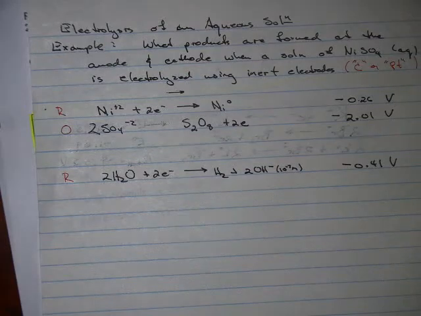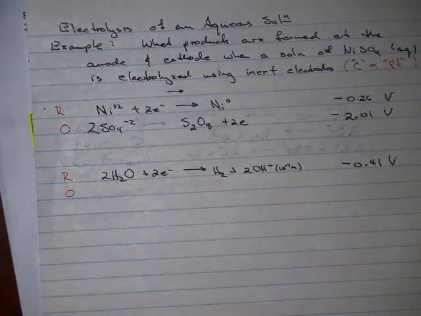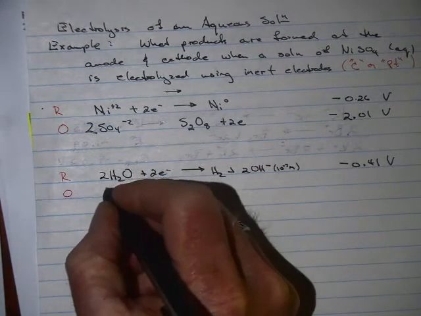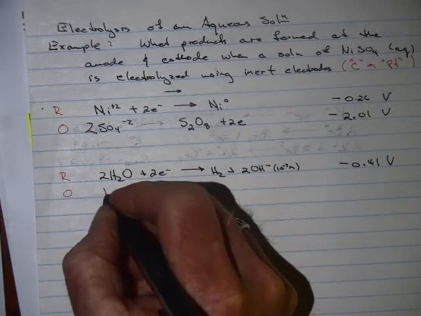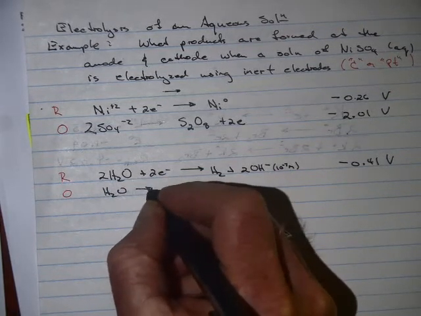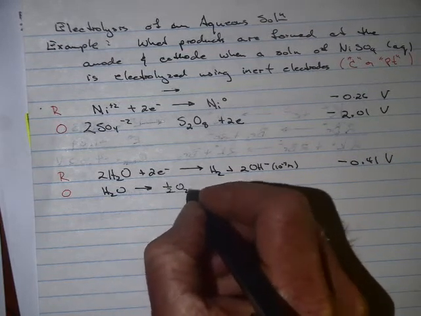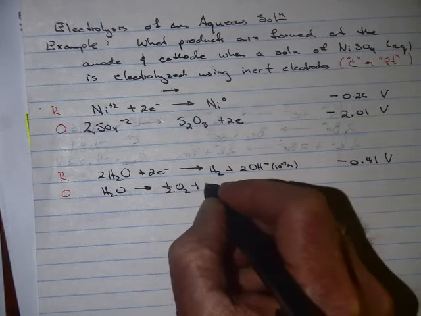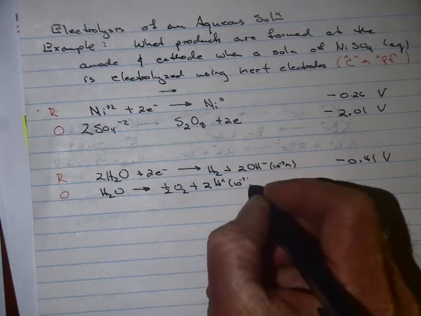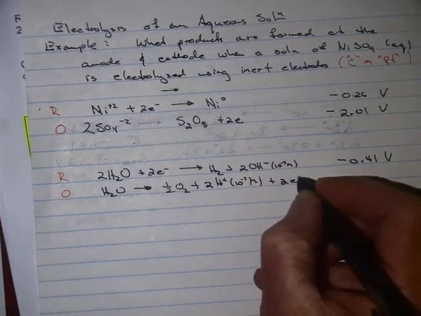The oxidation for this, so I'm going to put an O, water oxidation for a neutral is H2O goes to 1/2 O2 plus 2H plus, and this is at 10 to the minus 7 molar, and plus 2 electrons.